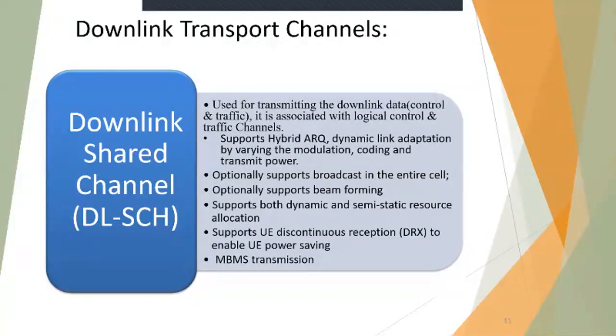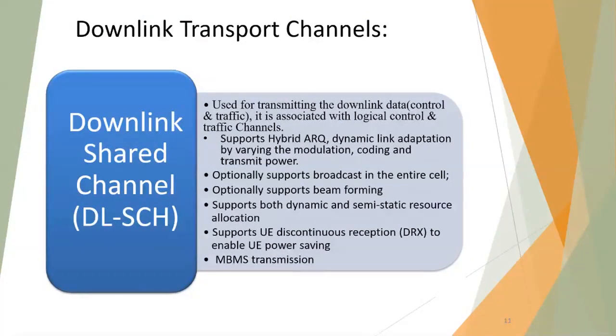This channel supports discontinuous reception, especially used to enable user equipment power saving, and it also supports MBMS transmission. MBMS means multimedia broadcast multicast service. So this is one downlink transport channel in LTE.